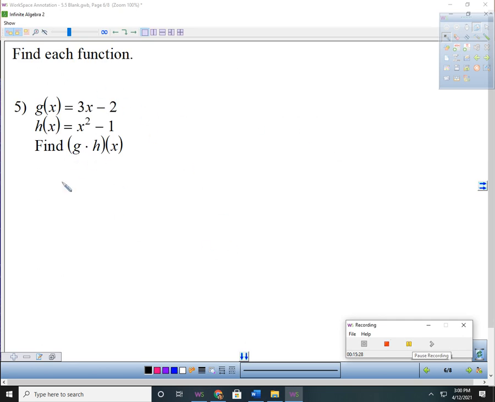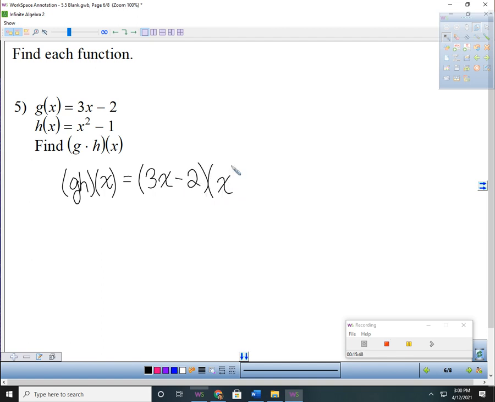We're taking g times h. And notice that g and h both have more than one term. So you need to make sure that you put those in parentheses. So g times h. And anytime we have a binomial times a binomial, we need to multiply those, right?